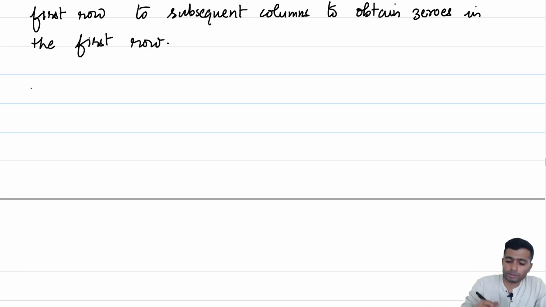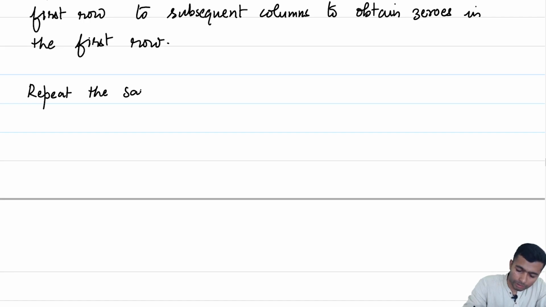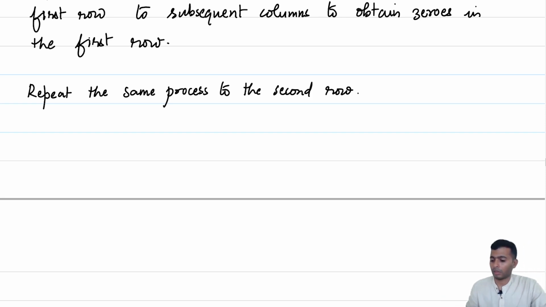Now repeat the same process for the second row. There will be only one non-zero entry, which is 1 in one of the columns, and every other entry will be 0.